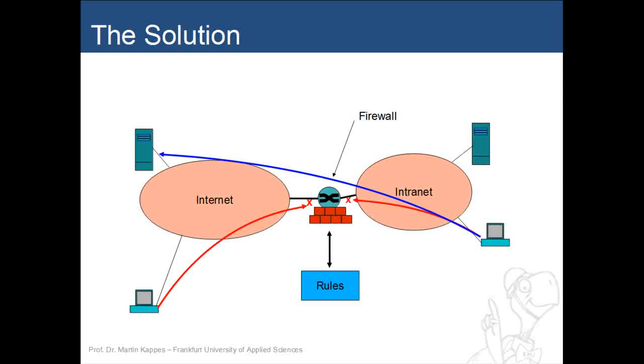However, here we're going to stick to the basic type, which only takes into account header information up to, let's say, header information on the application layer. So typically packet filters are built into routers or other intermediate stations.